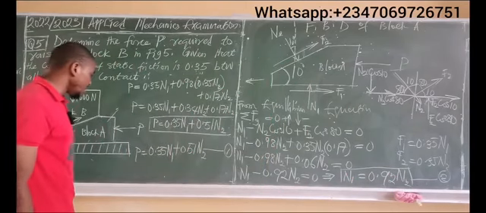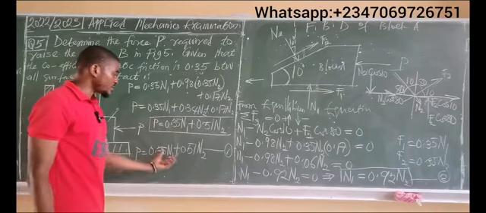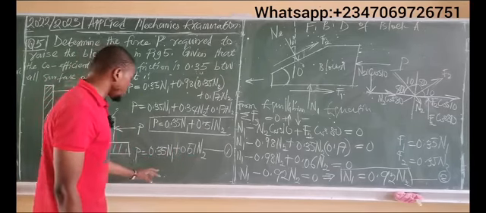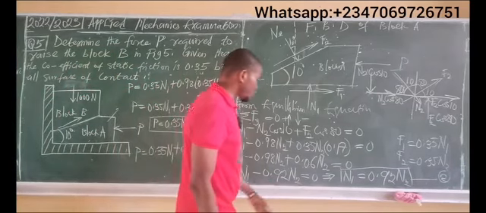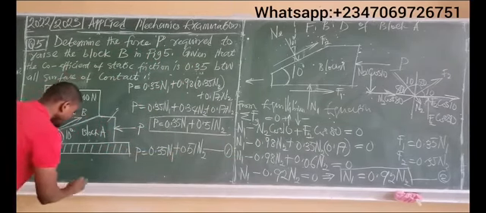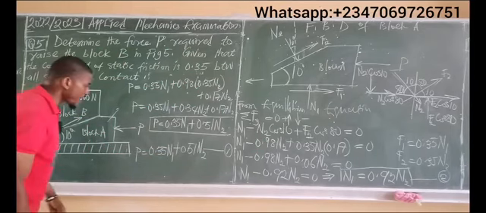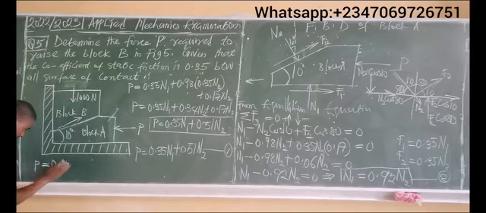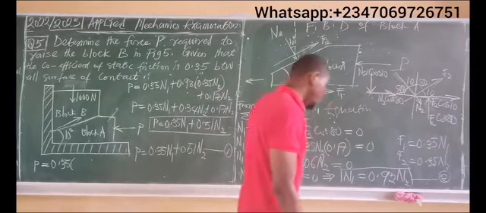Which means we have gotten a value for the first normal reaction, N1. Hence, you can put that value in place of N1 in the other equation, so that everything is in terms of N2. Let's do that at once. Substituting N1 into equation 1, you have P equal to 0.35 N1, but N1 has a value of 0.92 N2.